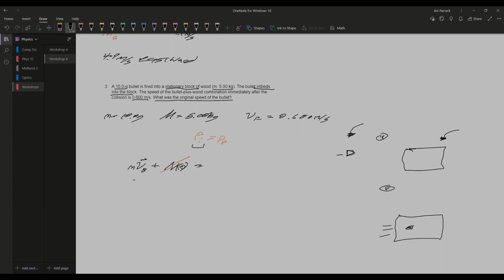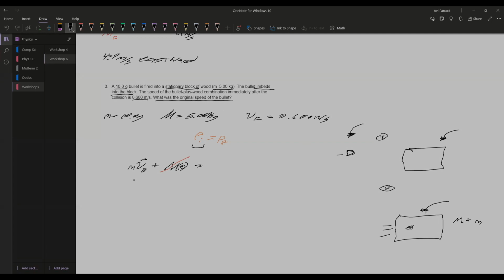Now, in the final scenario, what happens? It's moving now with some vf that they told us was 0.6 meters per second. Well, what is the mass? This is a perfectly inelastic collision. The masses have combined. Now we're looking at this one object, and it has the mass of the block, obviously, but it also gained the mass of the bullet. Now the mass of the bullet is attached.